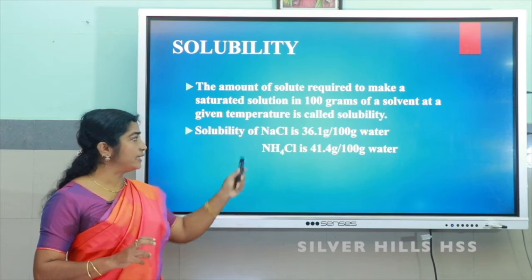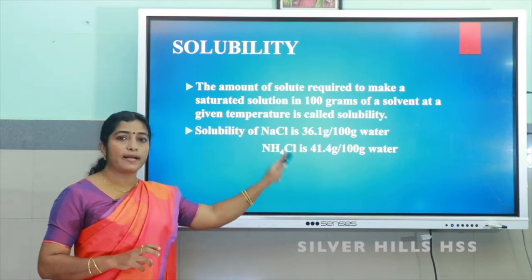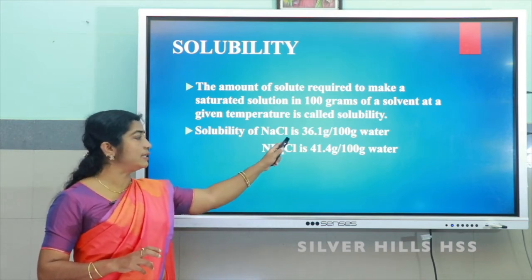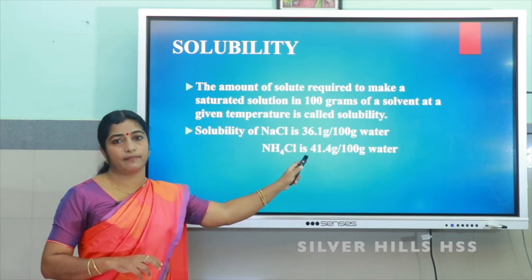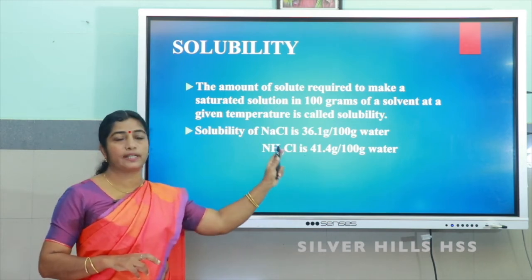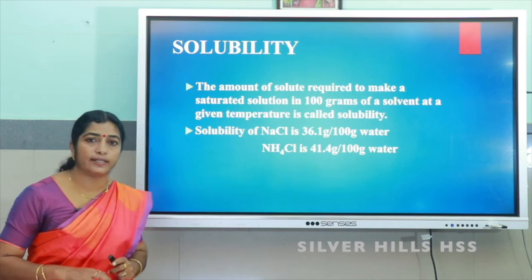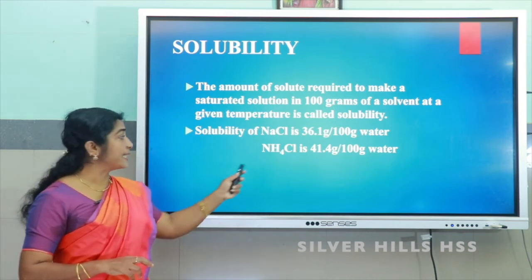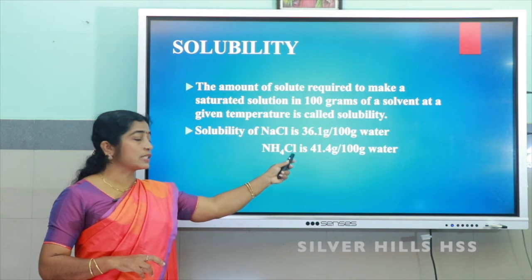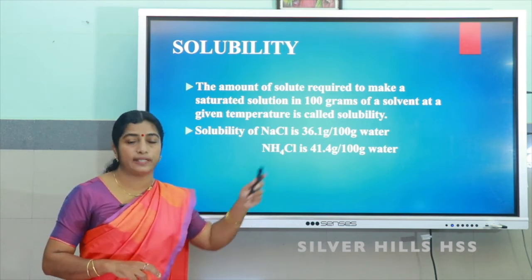So in 100 grams of water, maximum sodium chloride we can dissolve is 36.1 gram. So the solubility of sodium chloride is 36.1 grams. But in the case of ammonium chloride, its solubility is 41.4 grams.